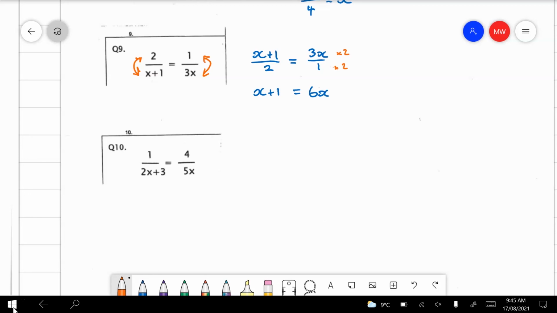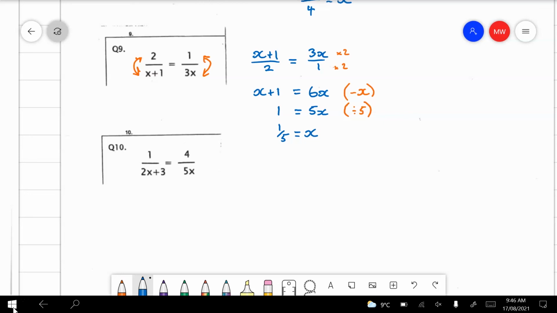Then what we'll do is we will take x from both sides and we'll find that 1 equals 5x. Let's divide by 5 both sides and we'll find that x is 1/5.